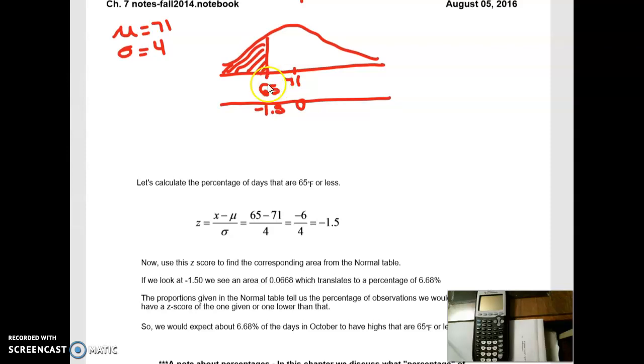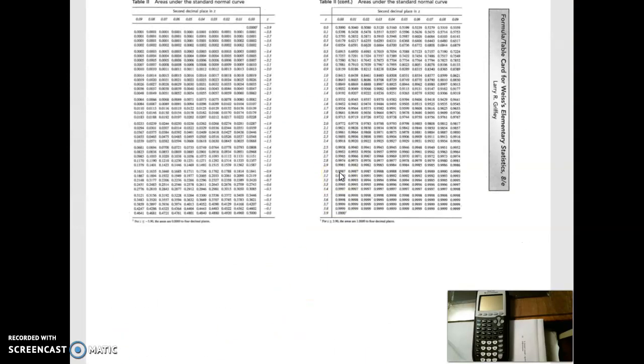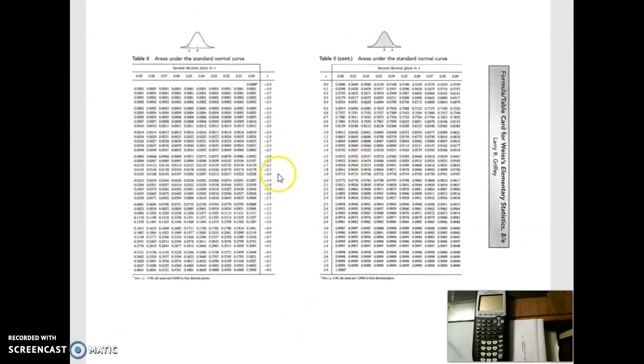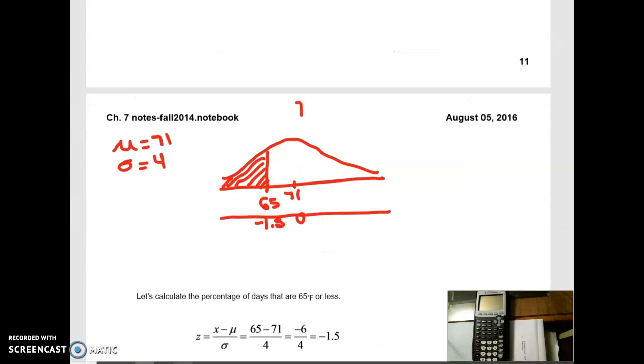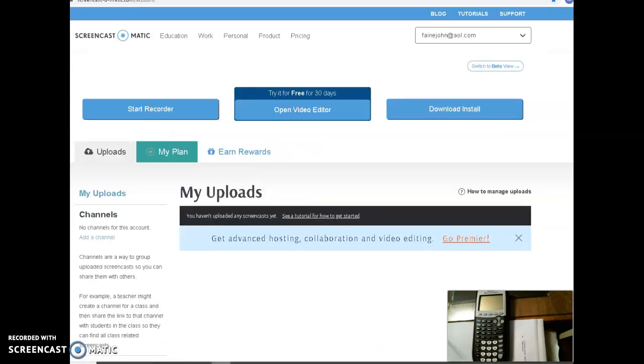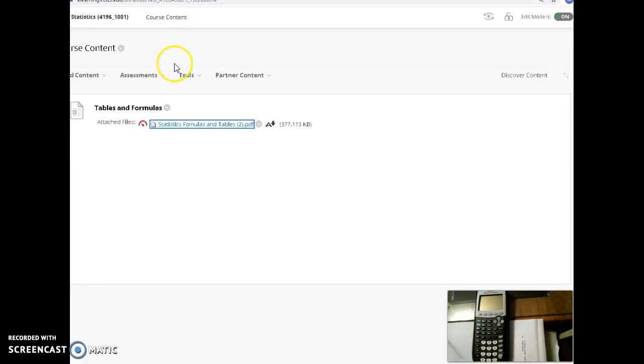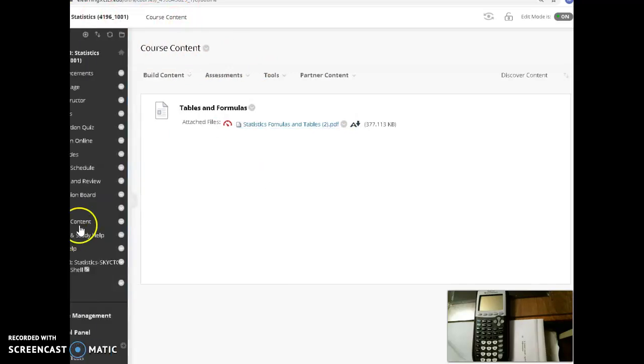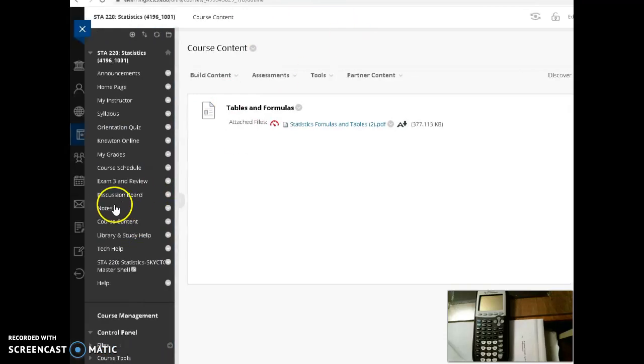So we want to know, what is this shaded area? What's this red area? Now, you have a z-table in your notes, but you have a much better one if you go to your Blackboard shell, under course content, where you have formulas and tables.